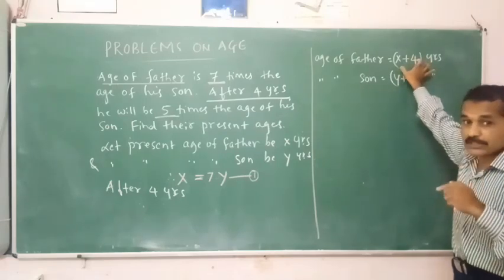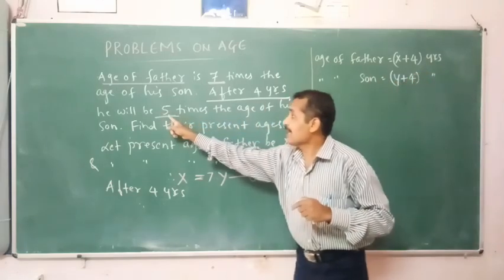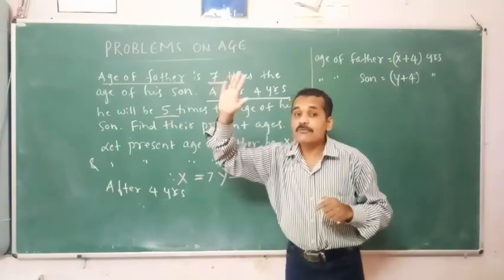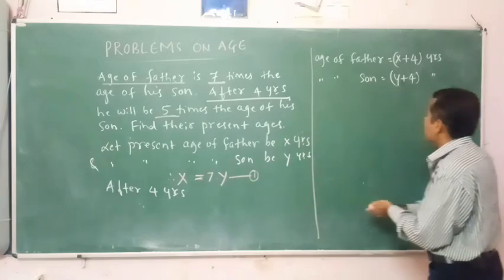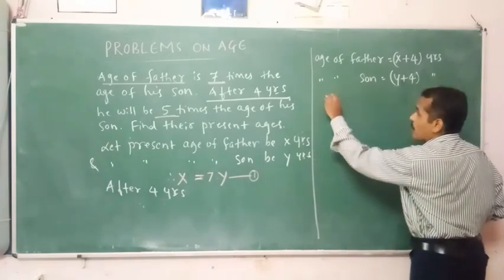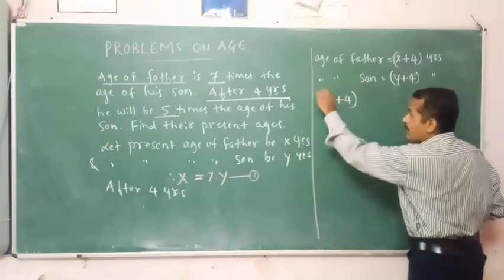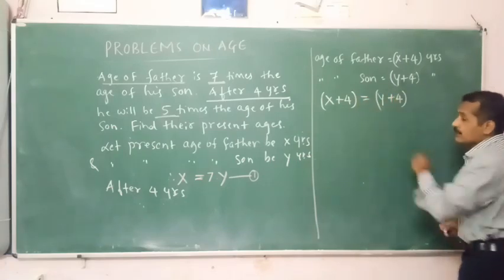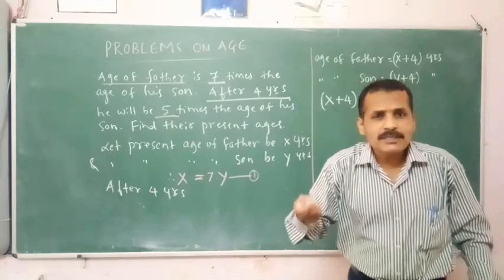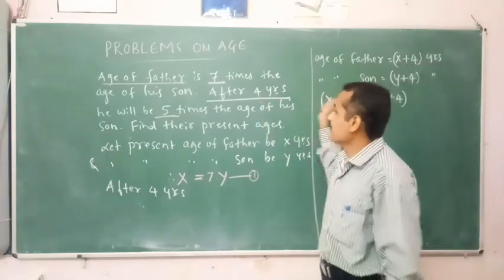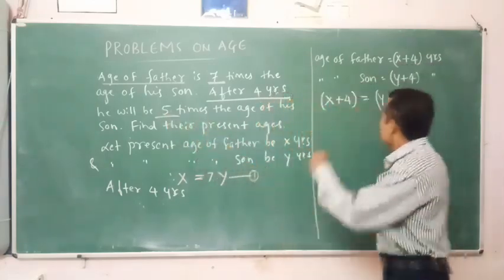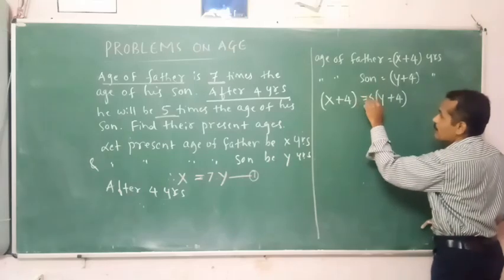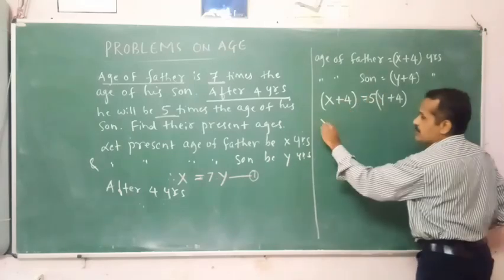When you compare these two ages, the problem says father will be 5 times. Now I will multiply. X plus 4 is the age of the father, y plus 4 age of the son. To whom do I have to multiply by 5 now? I have to multiply the son by 5. Open the bracket.